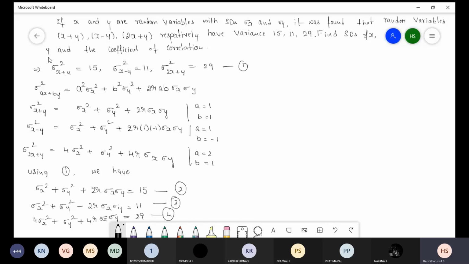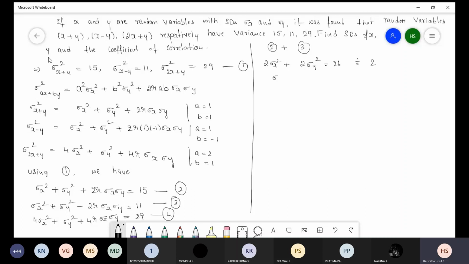Now, adding equation 2 and 3. Sigma x square plus sigma x square means 2 times sigma x square plus 2 times sigma y square is equal to, the third term will get cancelled, 15 plus 11 is 26. Divide this equation by 2.